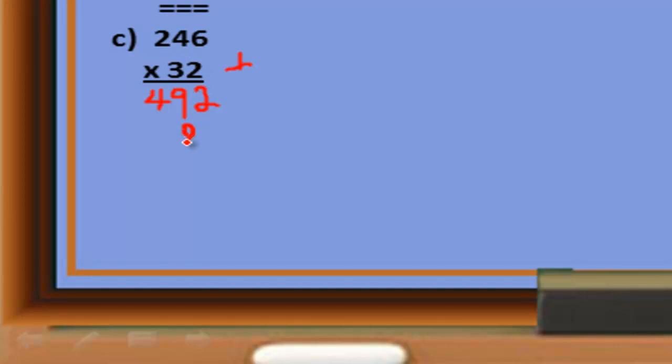We write 8 and we put here 1. 3 times 4 is 12 plus this one is 13. 3 again 1. 3 times 2 is 6 plus this one is 7.